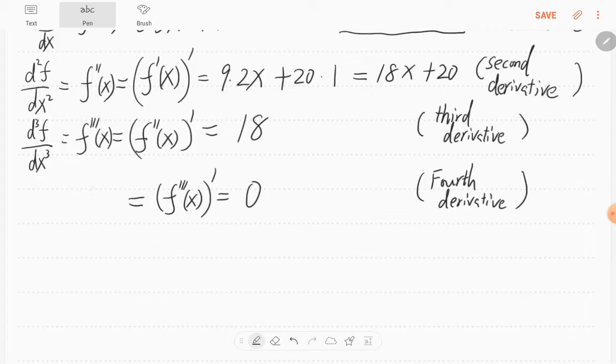Here we don't use four primes. We write the 4 in parentheses. It's not the fourth power, because the parentheses denote the order of the derivative. So this one would be d to the fourth f over dx to the fourth, which represents the fourth derivative.